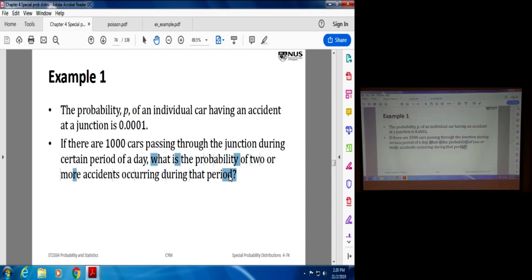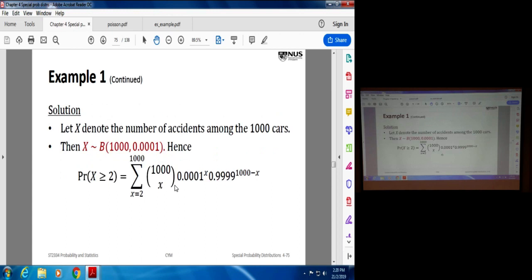Let X denote the number of accidents among the 1,000 cars. We assume that accidents are independent and identically distributed Bernoulli trials. We have 1,000 cars, and the chance of an accident is 0.0001.